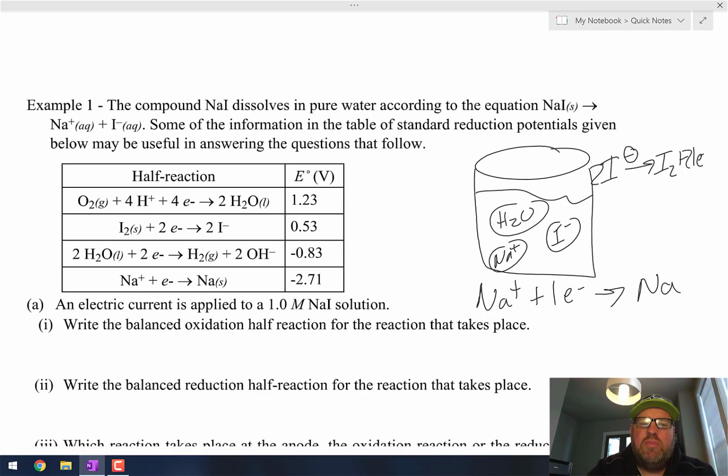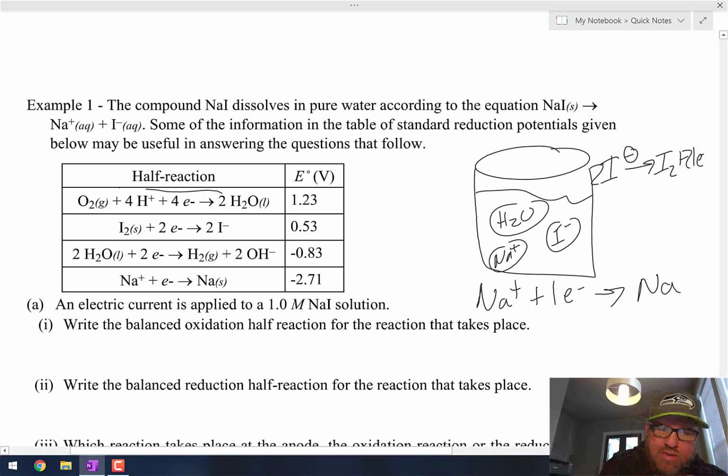But now there's the water factor as well, because the water also can be oxidized or reduced. So we'll notice in this reaction right here, they show water as a product. That shows oxygen being reduced. And therefore, if you flip that equation around, that would be water being oxidized.